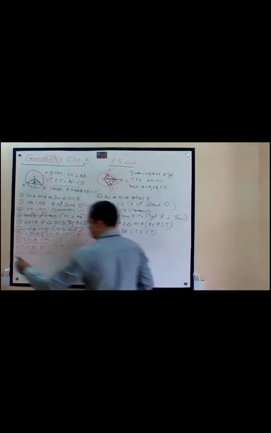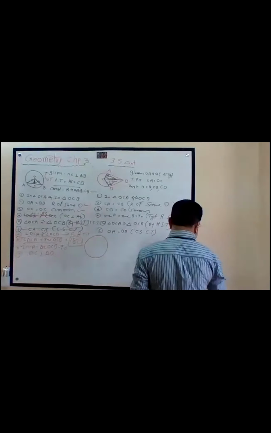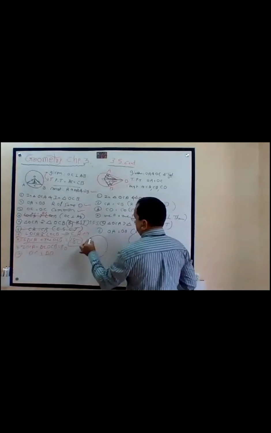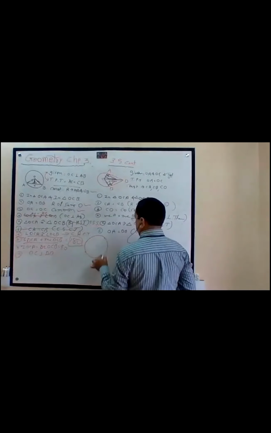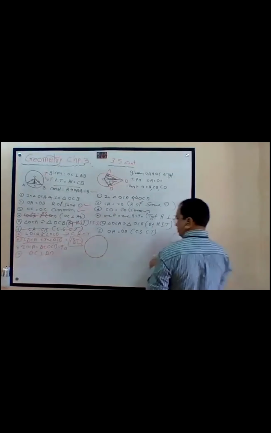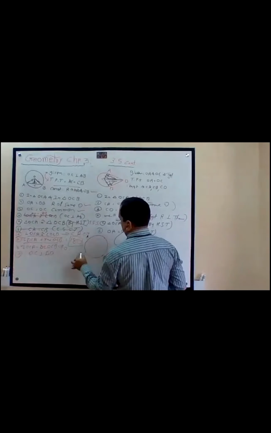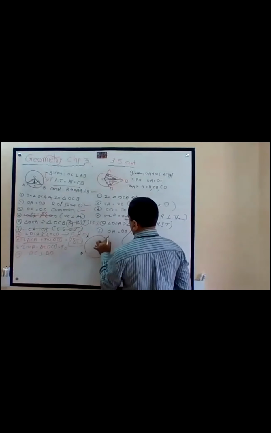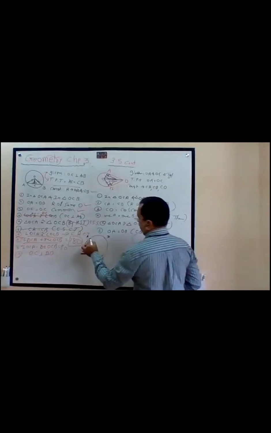This is a circle, my 4 points are here, A, B, C, D. Correct. Now join them.